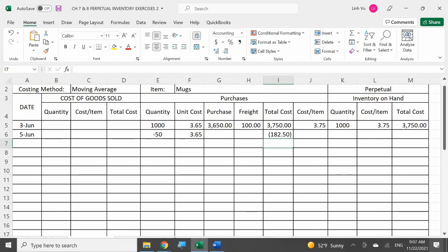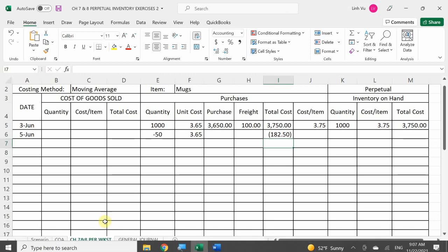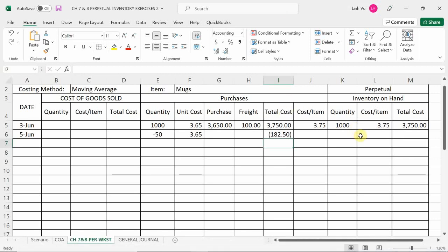Now, how do I get rid of this off of my worksheet? Well, you're going to have to come over here and refigure out these numbers. I had 1,000, right? You can figure out the numbers here, or you can change this number and start calculating from there.